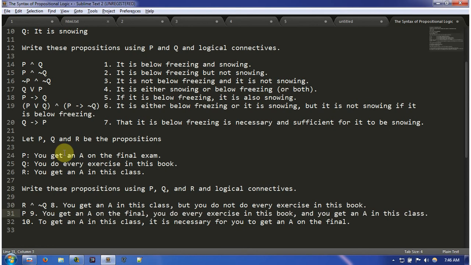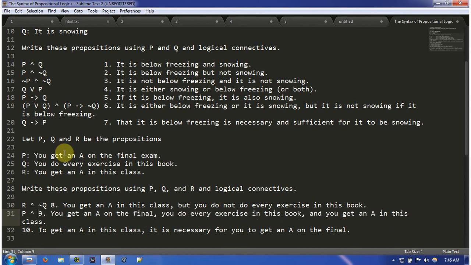You do every exercise in this book. And you get an A in this class. Those are separated by and.